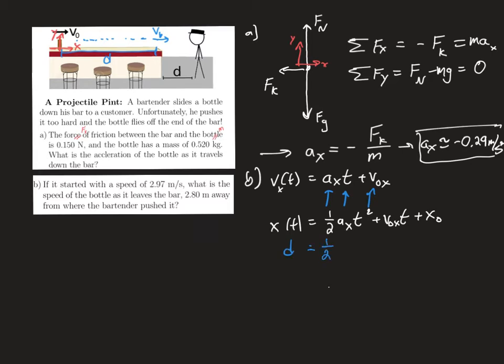It has an acceleration that is going to be that negative value from up there. Remember, I calculated a negative value, so I'm going to leave the negative sign inside that ax, so that my ax is going to be negative.